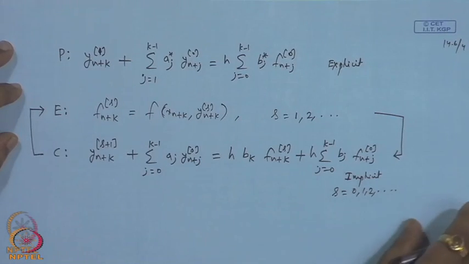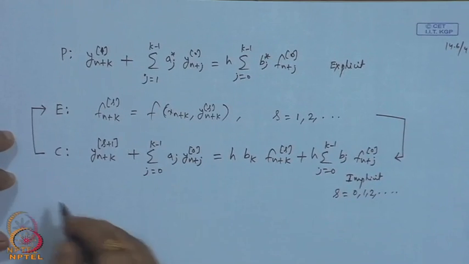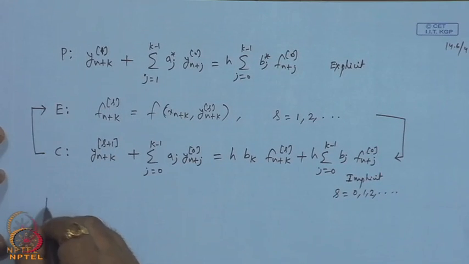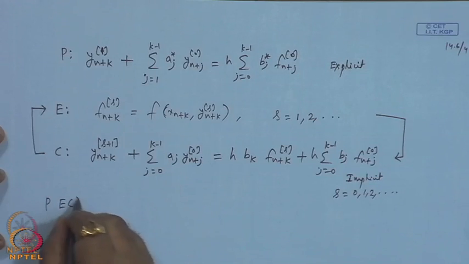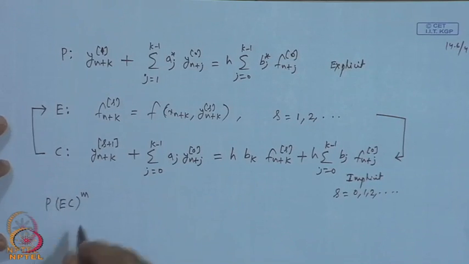So, this suggests prediction, evaluation, correction a finite number of times, then we are ready with the evaluation. This is the method.